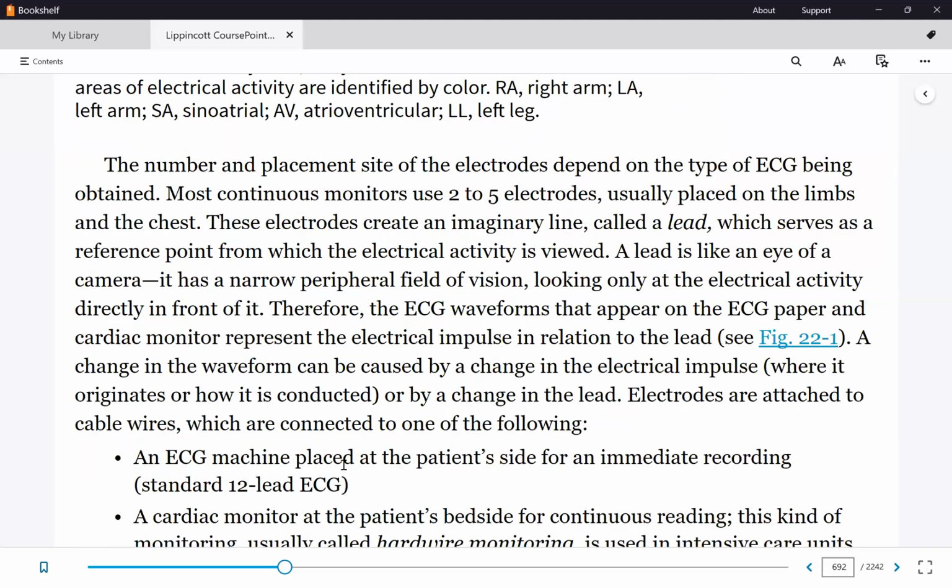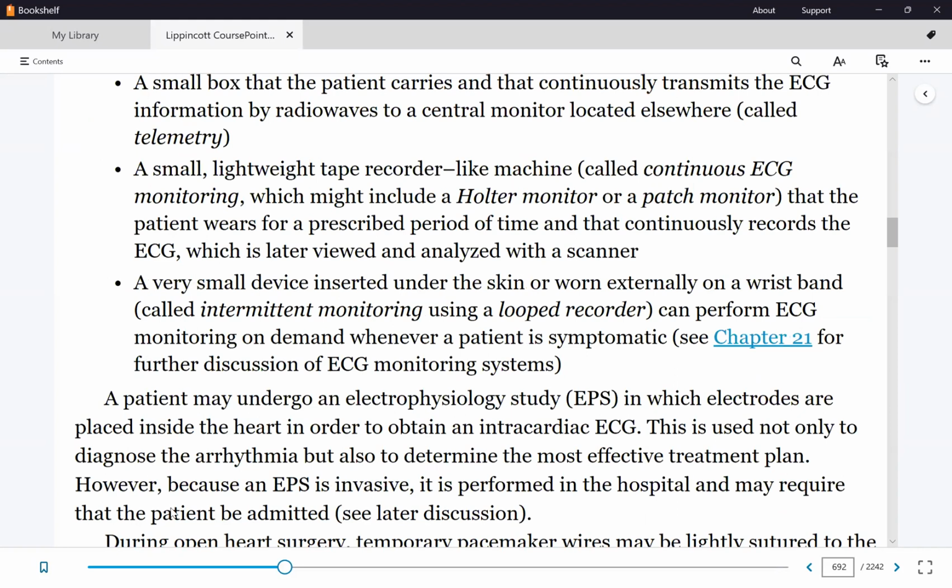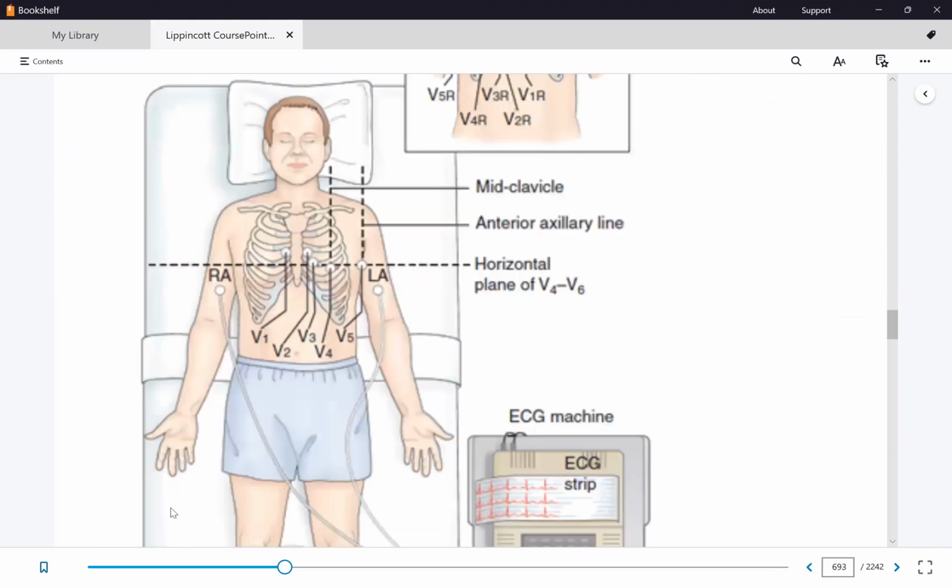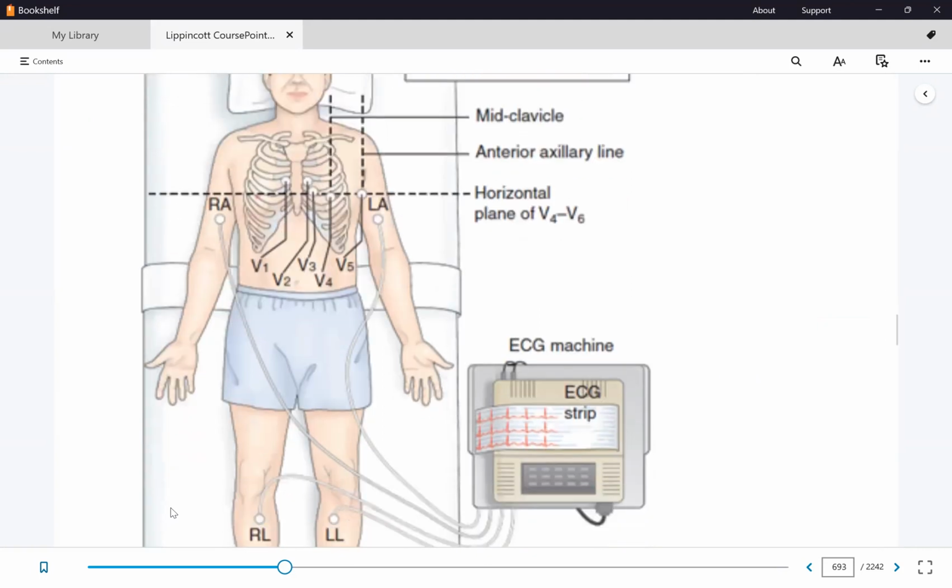So there are 2 meanings when we say lead. A lead can refer to an electrode, and a lead can also refer to a view. For instance, a 12-lead ECG has 10 electrodes. These are the placements.